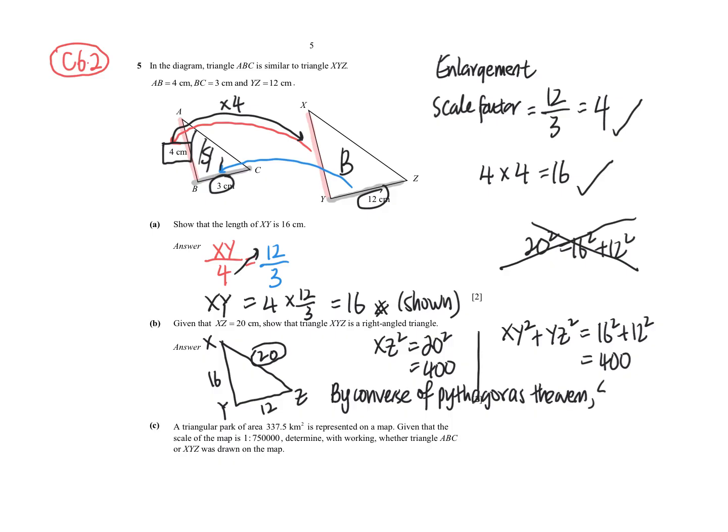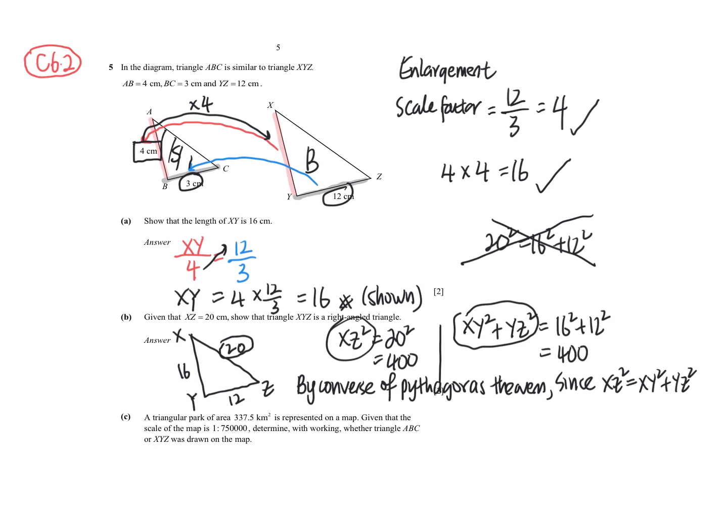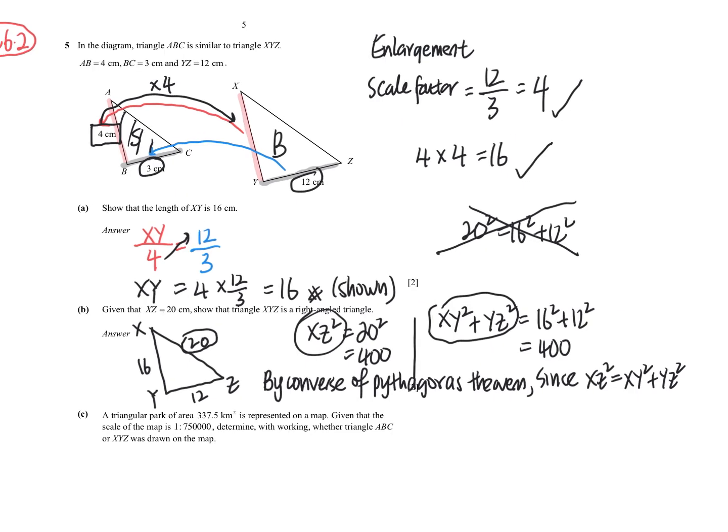Then you say, since I have proven that xz square is equal to this square, not a square plus b square. Where is the a, where is the b? Where do you get it from? So use all these terms. Okay, Gabriel and Zheng Yue, copy this down. Make sure you get the full 2 marks here.